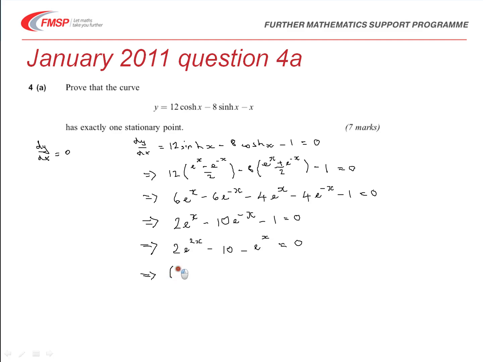So I'm going to guess we put 2e to the x in that bracket and e to the x in this bracket.